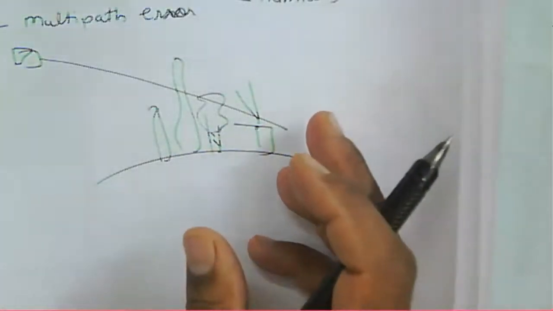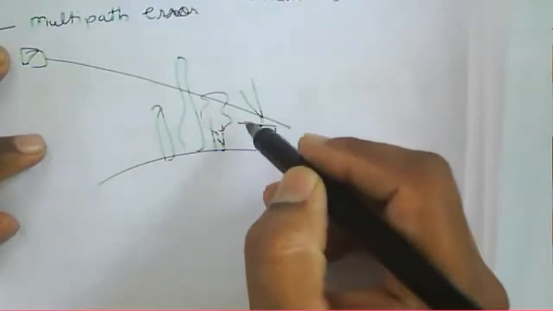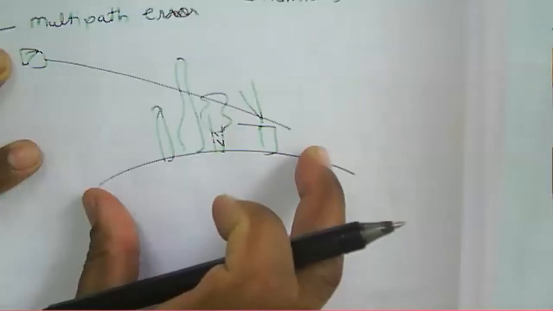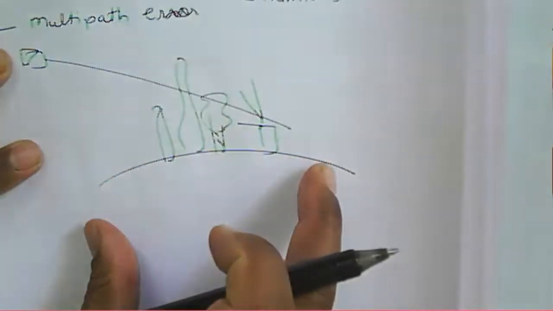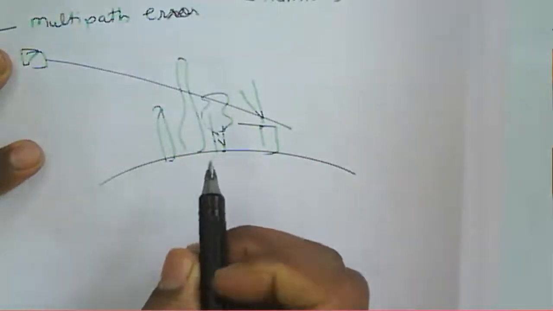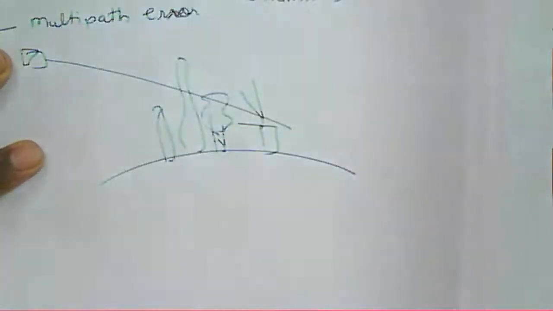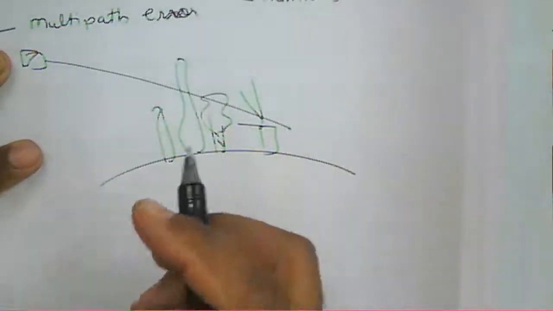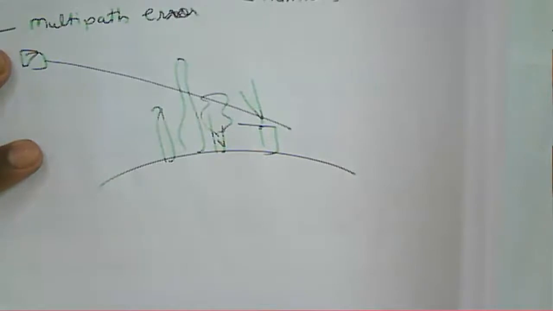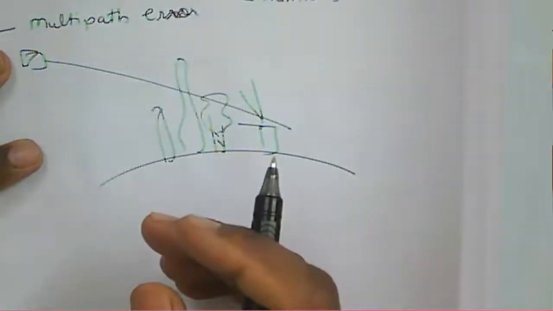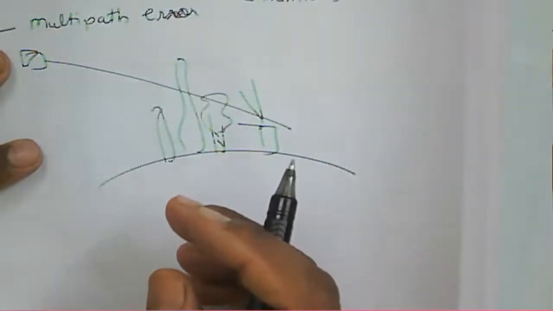In that case, there may be a multipath error. To avoid this multipath error, we can use an antenna of a ring-like structure, and that ring-like antenna will eliminate signals with a low elevation. So we need to select a proper antenna for removing the multipath error. So those are the errors.